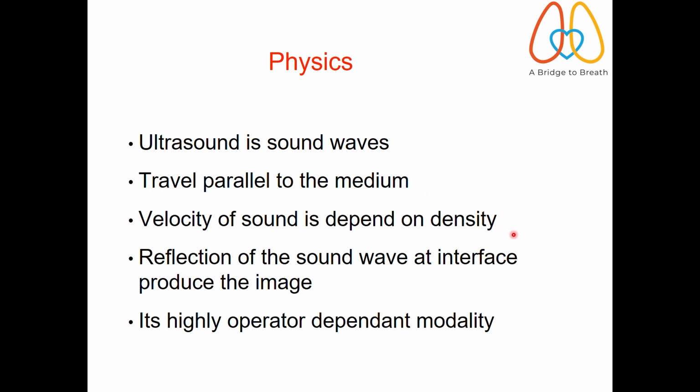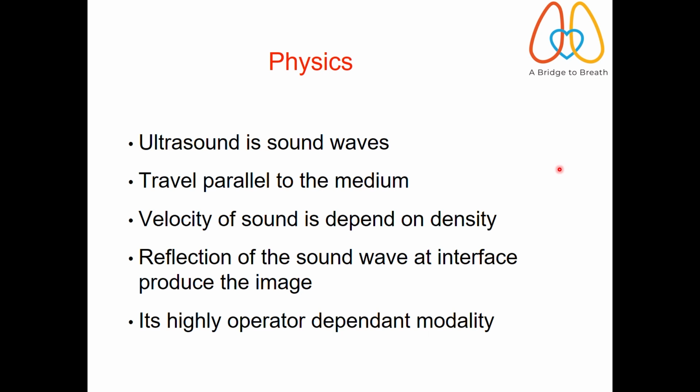The velocity of the sound wave depends on the density of the medium it passes through, and reflection of the sound wave occurs when it goes from one medium to another. At an interface, half of the sound wave will get reflected, and on that principle the reflected sound waves can be captured again by the transducer, which is used to produce the sound wave, and that sound wave is converted into electromagnetic signal, and then as a picture you can see it on a screen.